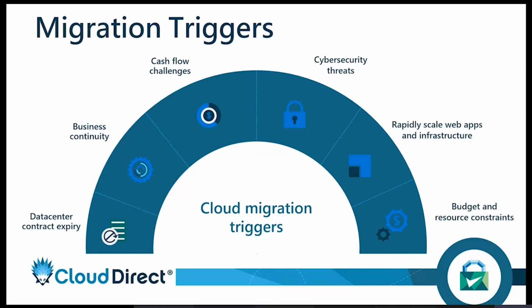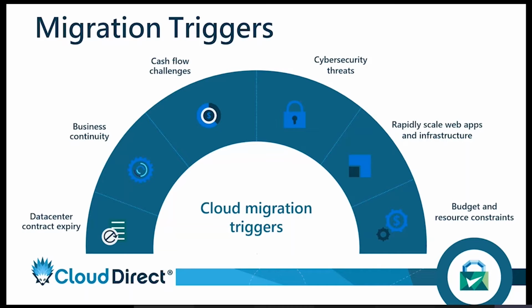Those are key things driving people to do cloud migrations. Cash flow challenges fall into that OPEX and CAPEX discussion. So moving to an OPEX based model to not have huge CAPEX costs with regards to hardware.